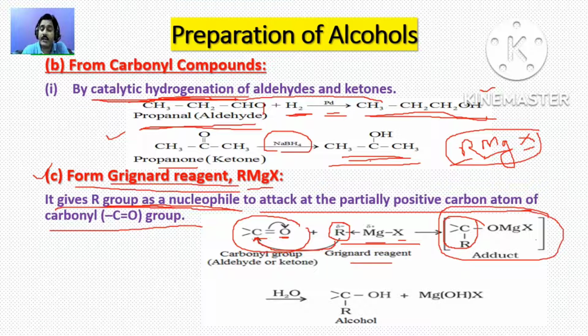When that adduct is combined with water, that is, hydrolysis of the adduct, it forms the alcohol. What happens? OH comes from the water and combines with the carbon atom, removing the magnesium halide, MgOH and X. That OH comes from the water, and the magnesium and halogen are already present in it.